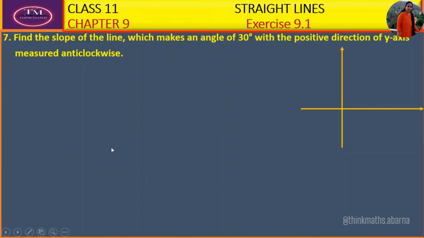Find the slope of the line which makes an angle of 30 degree with the positive direction of y-axis. So we have to find the slope of the line which makes an angle of 30 degree. So let us draw the line. This line makes an angle of 30 degree with the positive direction.